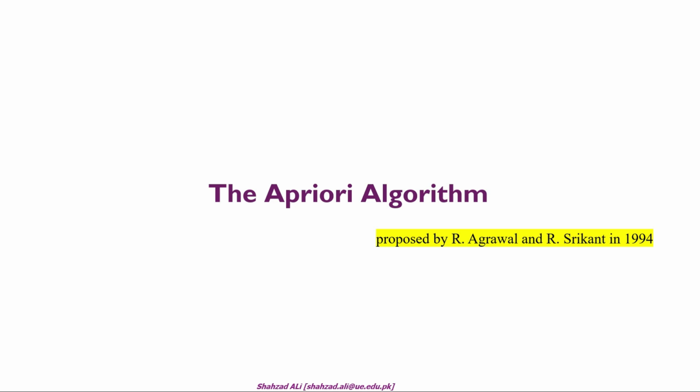The Apriori algorithm was proposed by Agrawal and Srikant in 1994 for mining frequent itemsets for Boolean association rules. The name of the algorithm is based on the fact that it uses prior knowledge of frequent itemset properties, as we shall see later.